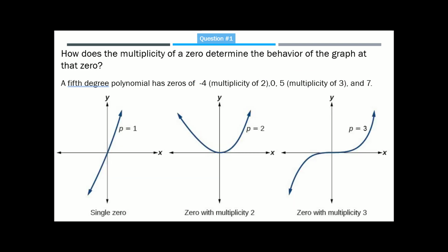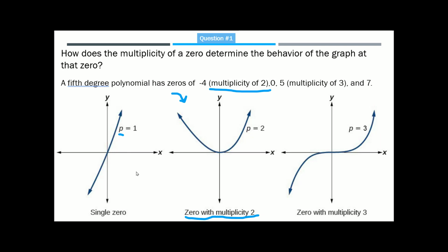A 5th degree polynomial has zeros at -4 with multiplicity of 2. So let's focus in on that multiplicity of 2. A 0 with multiplicity of 2 is going to look parabolic. If we have a multiplicity, we're letting P stand for the multiplicity.